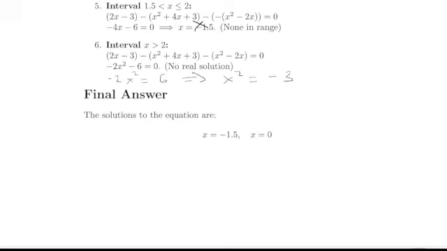We get x squared is equal to negative 3, so x is equal to plus or minus i root 3. This is not a real number, so there's no real solution there. So then, looking back, the only solutions we have are x equals negative 1.5 and x equals 0.